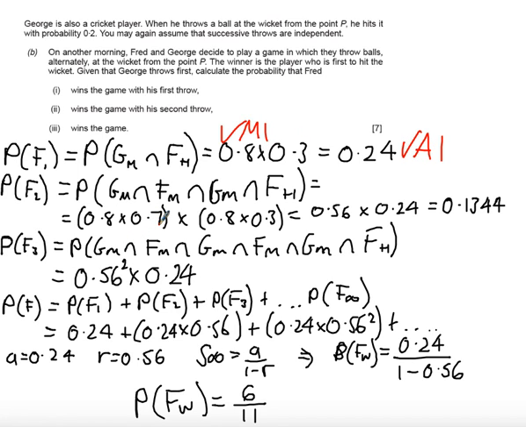In part 2, we have a method mark for identifying that it required George to miss, Fred to miss, George to miss, and Fred to hit, and an answer mark for correctly getting to the probability. And then finally, there is a method mark for identifying that this is a geometric series. There is a standalone mark for substituting the correct values for that geometric series into the sum to infinity of a geometric series. And finally, an answer mark if you've got 6/11.